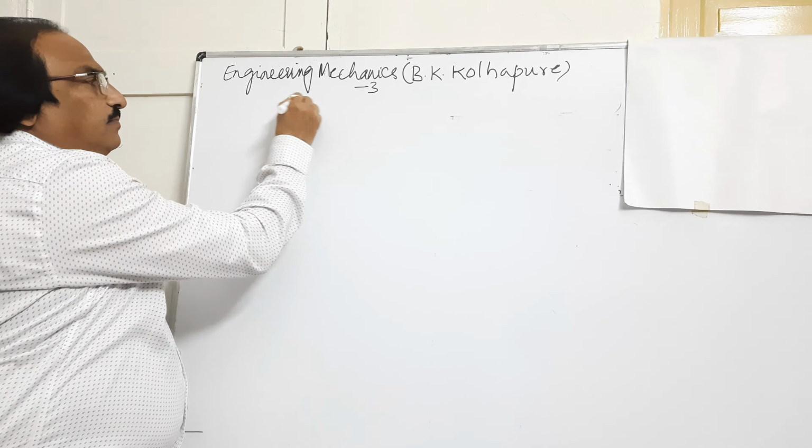Suppose I consider axes y and x, and I consider a force P acting here. Magnitude is P, direction is theta, point of application is O. These are the specifications of a force. This is in x direction and this is going in y direction.